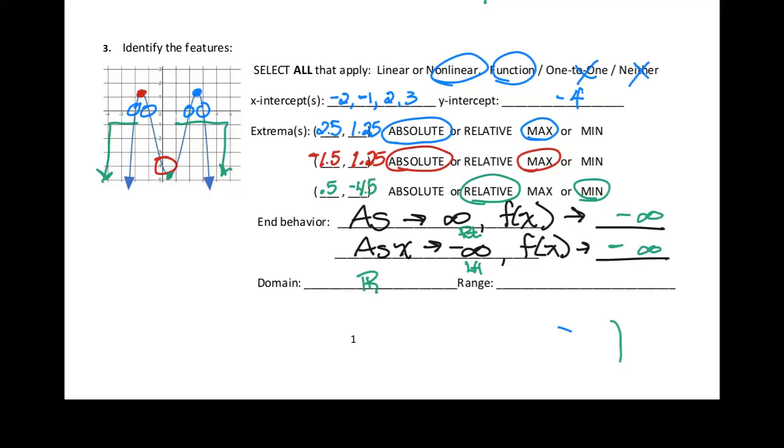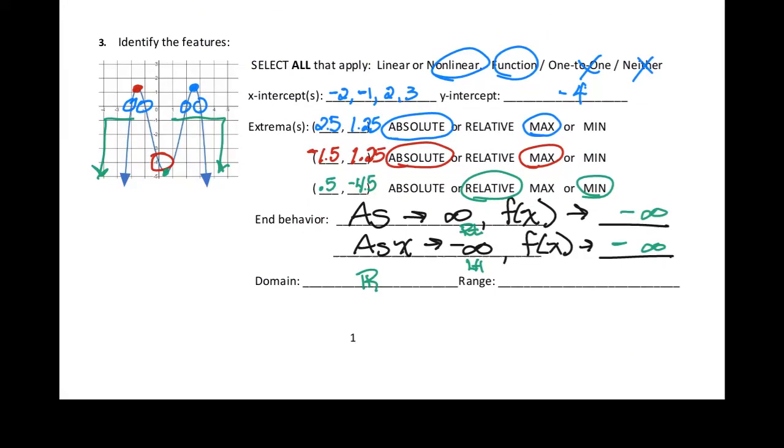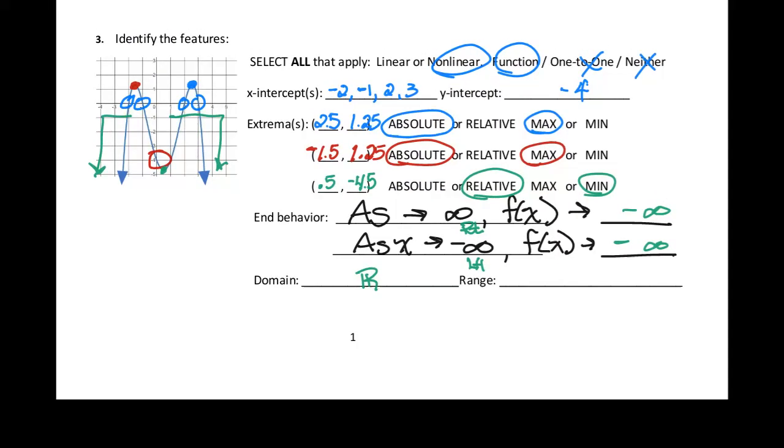And range. That's your y values. Do we have some kind of stopping point, a high point or a low point? Yeah, we do. What's that high point? What did I say it was? 1.25. It will not be anything like that on the test. It'll be much more obvious. And we're talking about the range. It is equal to these 2 points at 1.25.